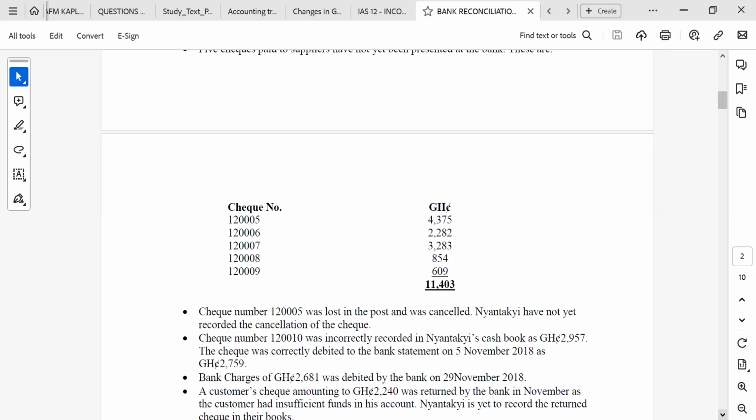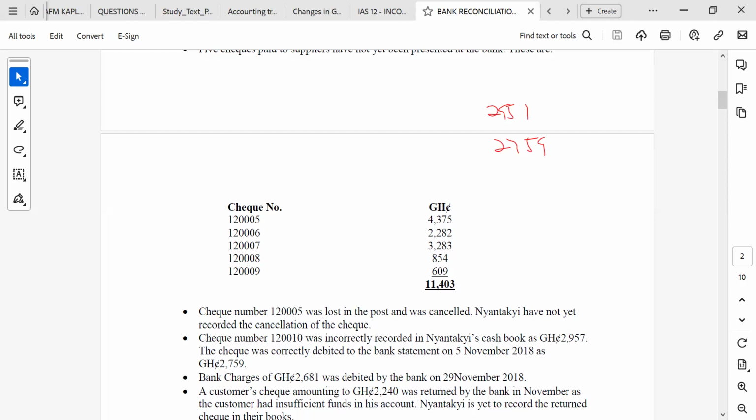The check was correctly debited to the bank statement on 5th November 2018 as 2,359 Ghana cedis. So it means that we have overstated the amount, isn't it? The correct amount was 2759. But how much was entered in the account? 2957. So that can be an error of overcast.